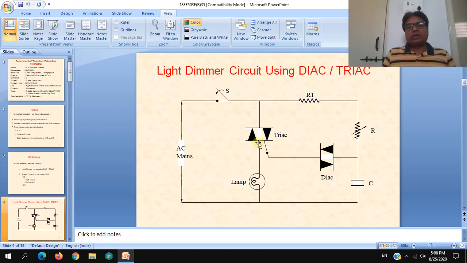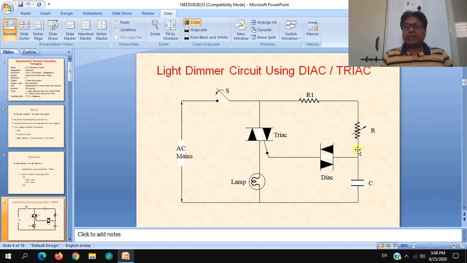And when the triac is fired at zero firing angle, then full voltage and full current will be applied to the lamp in both the half cycles. Triac being a bidirectional device, both positive and negative half cycles will be applied across the lamp in their full magnitudes, and the light will glow with its full brightness. So by changing the firing angle alpha and eventually the conduction angle, the brightness of the lamp is decreased. That is why it is called a light dimmer circuit. And let us see how it happens.